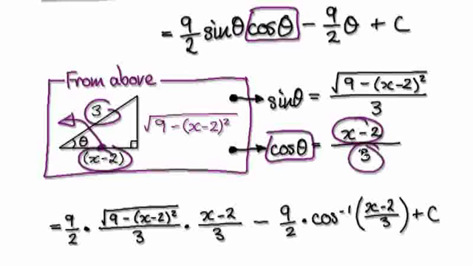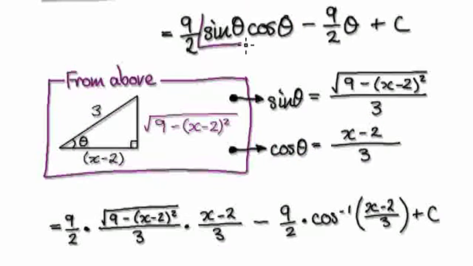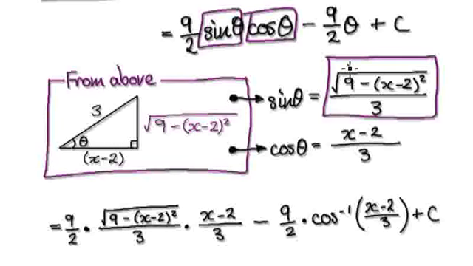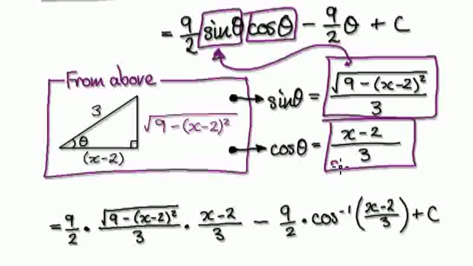So now you've got one block here multiplying with this. Well, sine theta is this block here. So we can put this into here. And then cos theta is this block here. We can put this block into here.